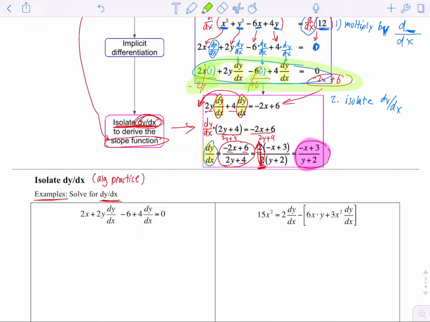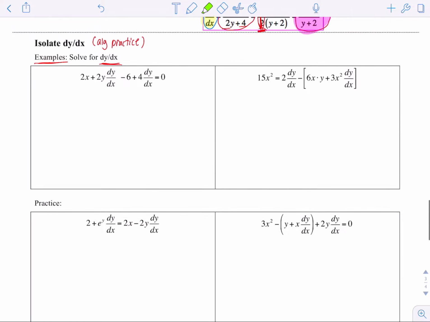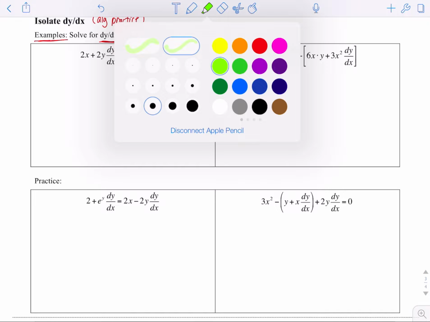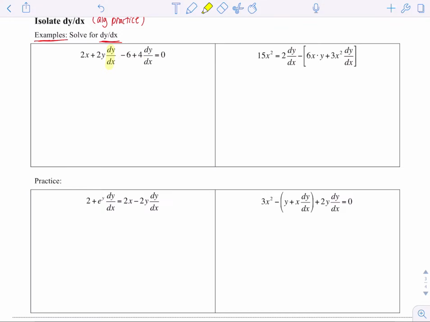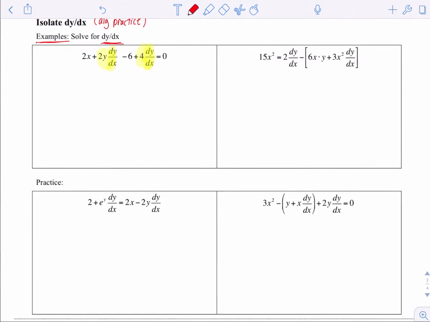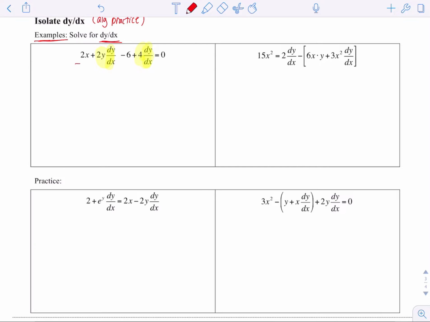If my dy dx terms are here, these are my dy dx terms, and I want to get rid of this guy and this guy.